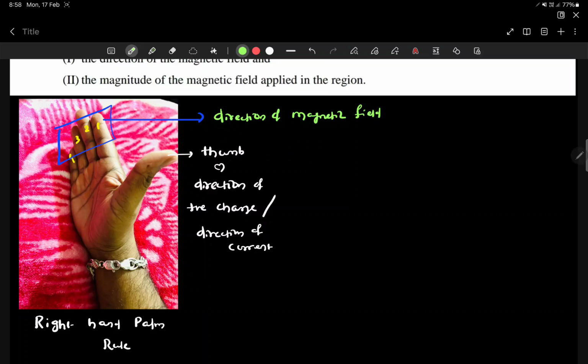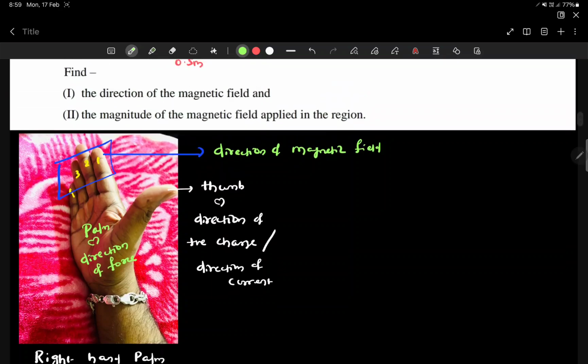In this situation, the palm represents the direction of force. So this is a shortcut method of Fleming's left hand rule. You remember this concept.